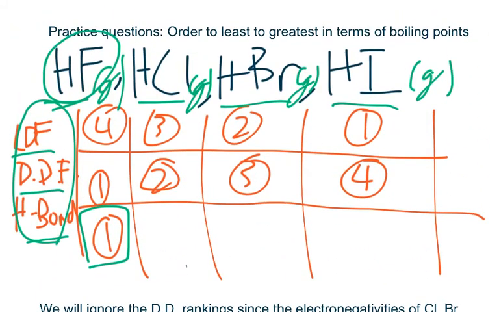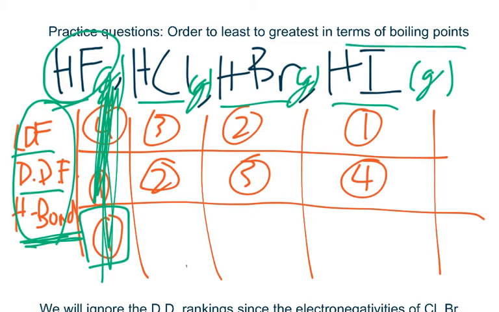Now, what about the other three? So we can ignore HF right now because we know that it has the highest boiling point since it has the most intermolecular forces, and hydrogen bonding is especially powerful, so that just gives it a super large boiling point. Now, what about HCl, HBr, and HI? How do we distinguish between the three?